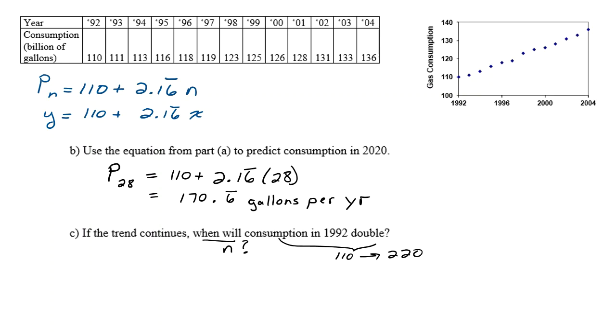We know we're looking for N when our P sub N is 220. Okay, so how many years will I end up with a consumption of 220 if I start with 110 and increase by 2.16 billion gallons per year for N years? Why don't you pause the video and solve that equation and then unpause it when you have your answer.